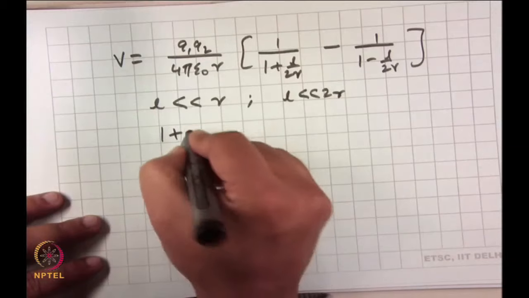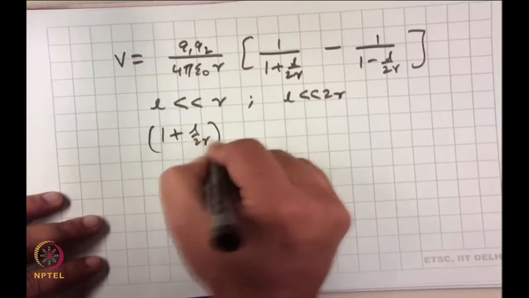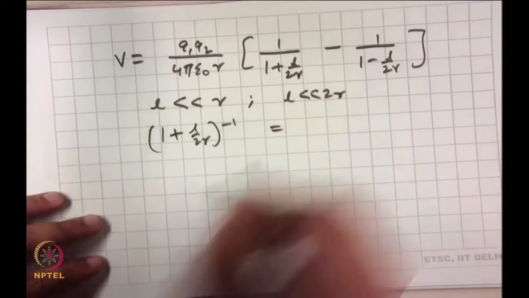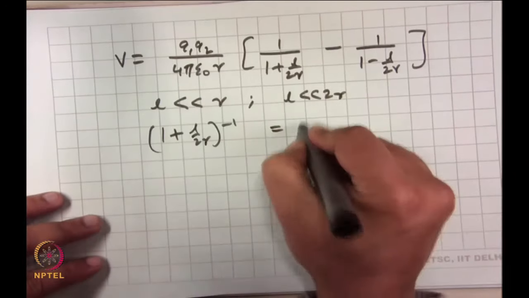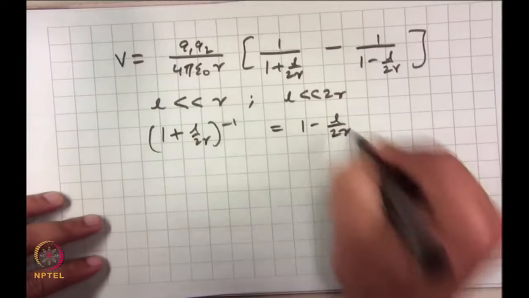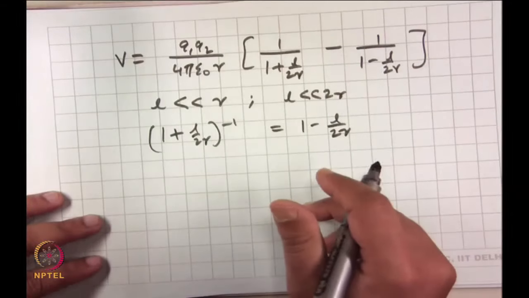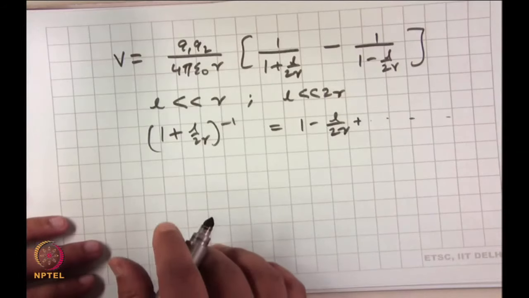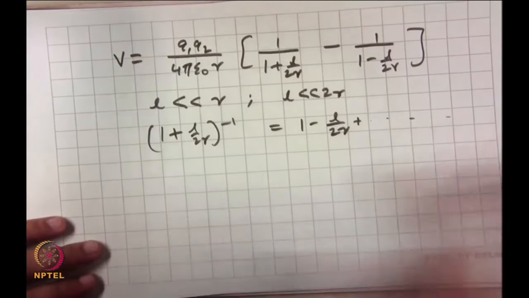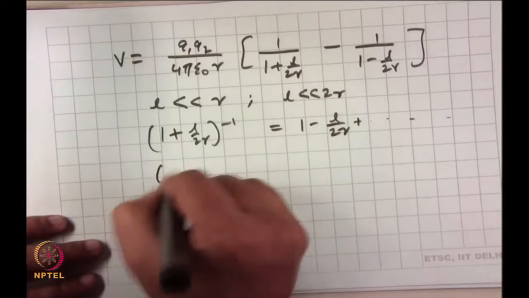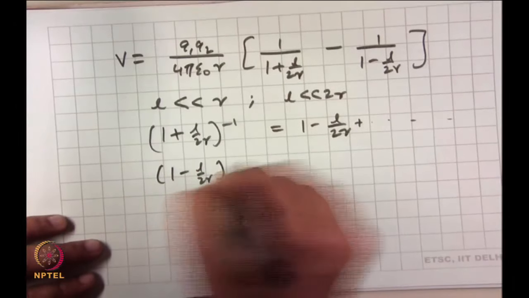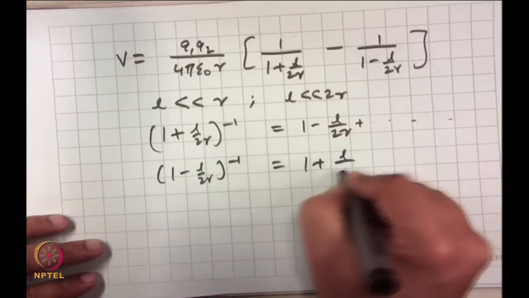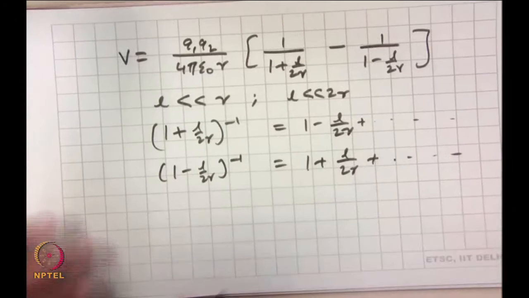So, 1 plus L by 2R to the power minus 1 can be approximated as what? 1 minus L by 2R plus the higher terms, but I know my L is much less than R, so I neglect the higher terms. The same thing happens for 1 minus L by 2R to the power minus 1. What should this give me? 1 plus L by 2R plus, you neglect the higher terms.